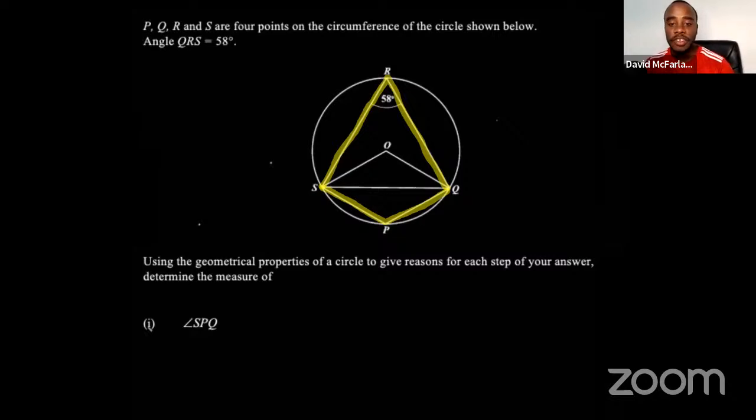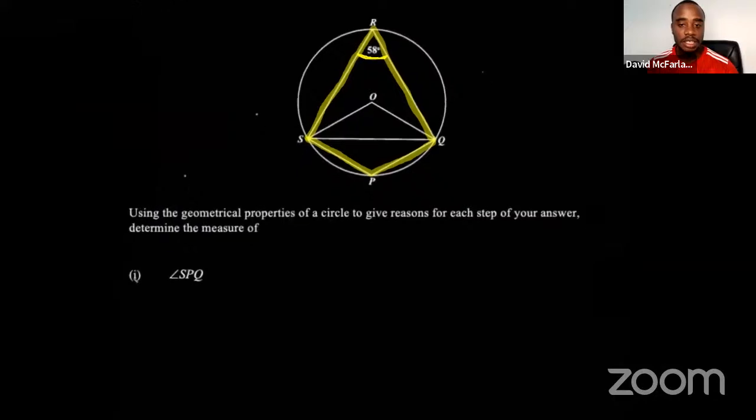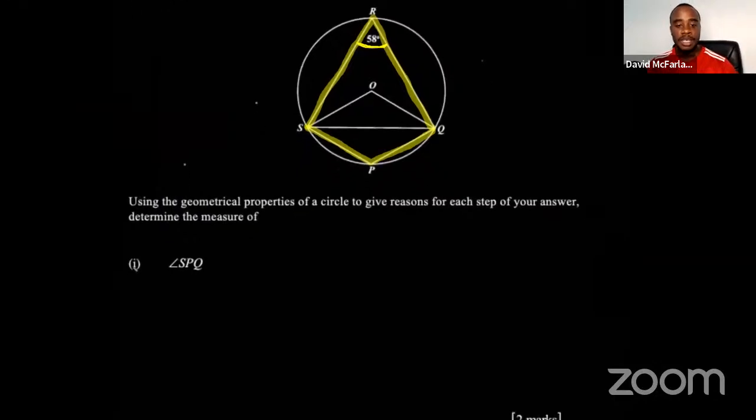So 58 degrees here. We know that opposite angles in a cyclic quad sum to 180 degrees. So what does that tell us? This tells us that angle SPQ is equal to 180 degrees minus 58 degrees, which would be, wait, we never did something like this a while ago.